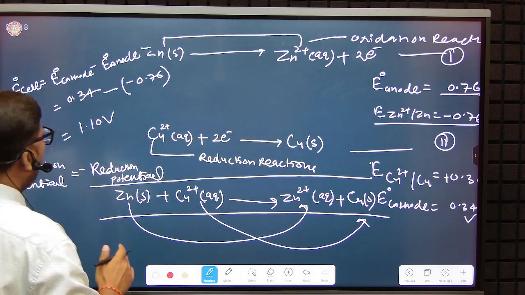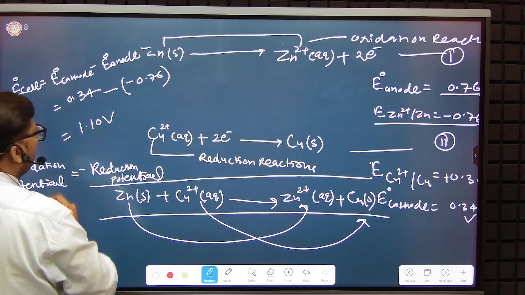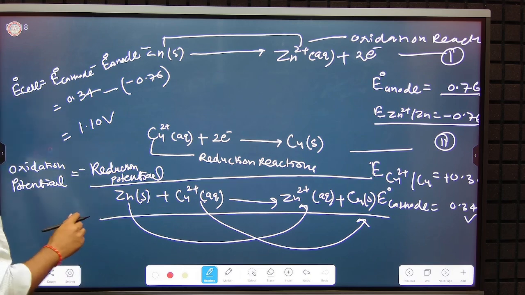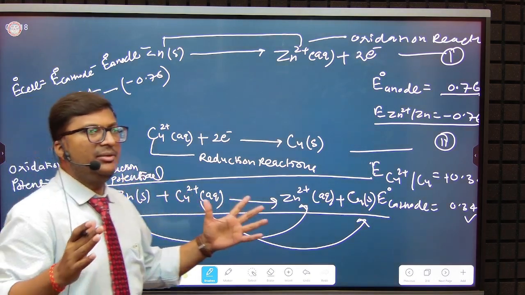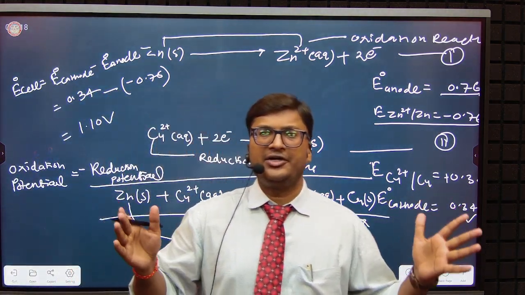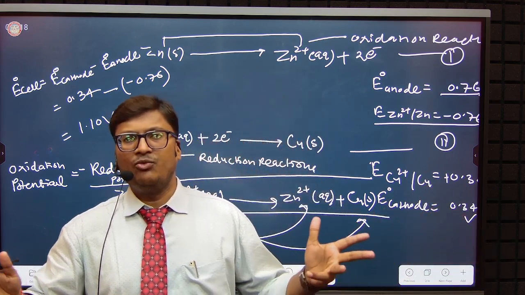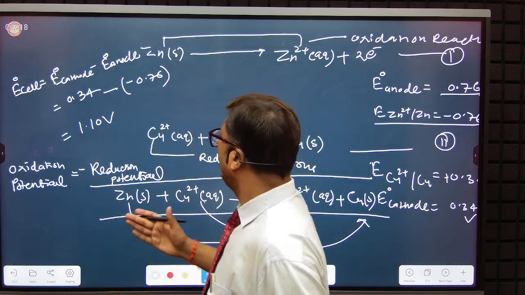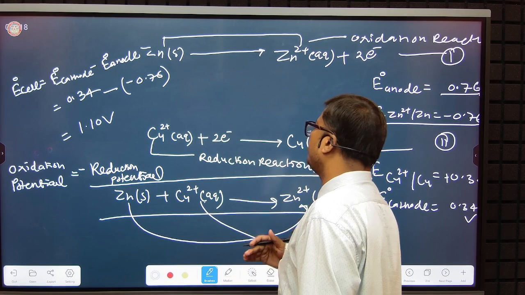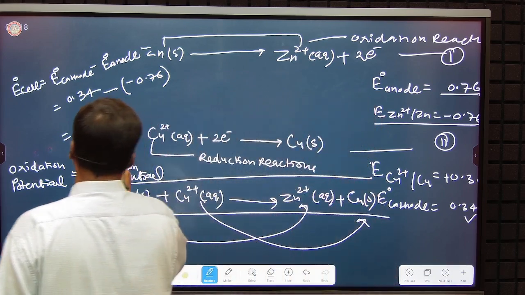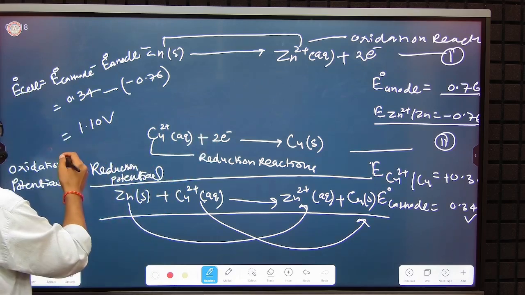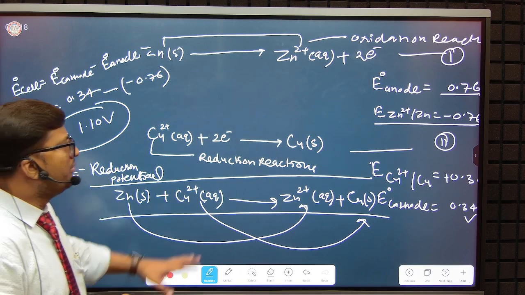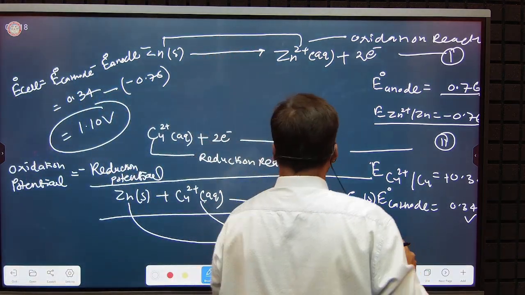So overall, each cell at standard state, which means at 25 degrees centigrade, that is 298 Kelvin, 1 atmosphere pressure and 1 molar concentration, produces a cell potential of 1.10 volt for this particular setup.